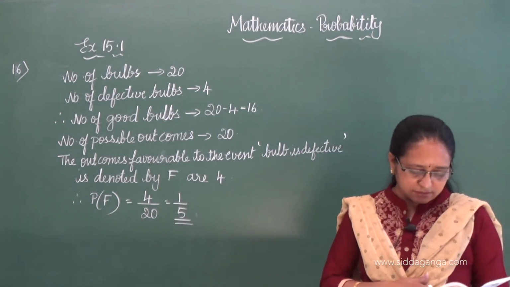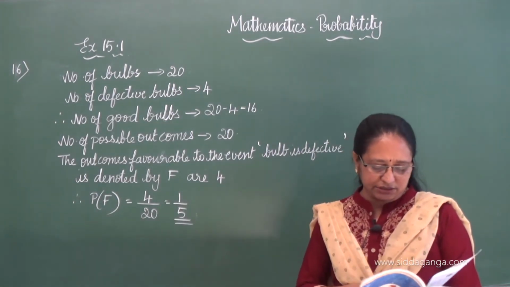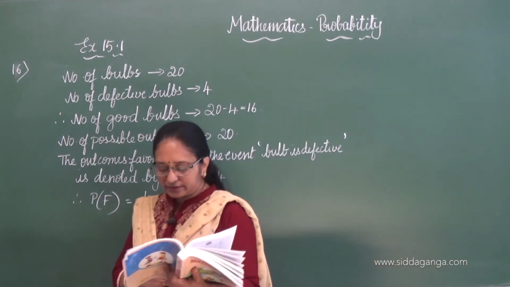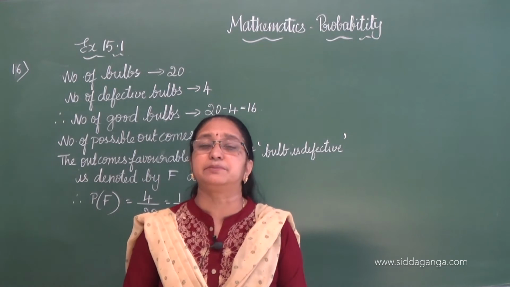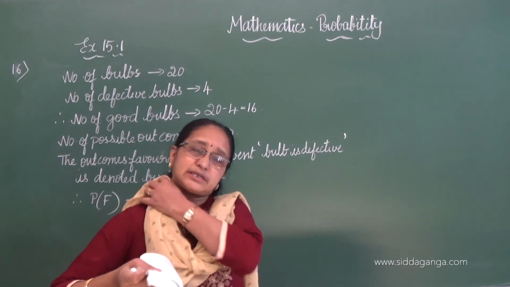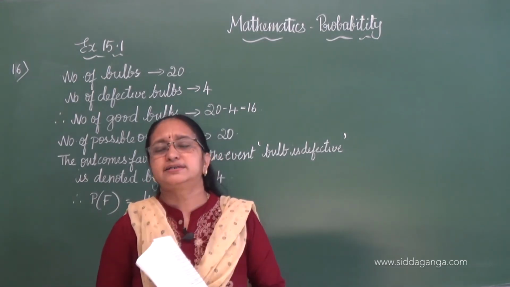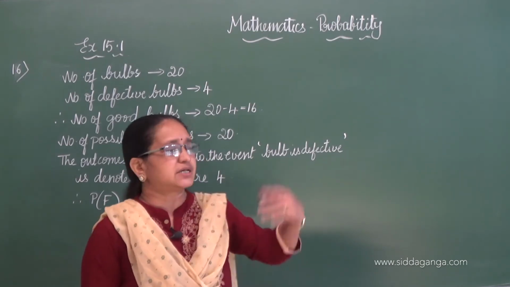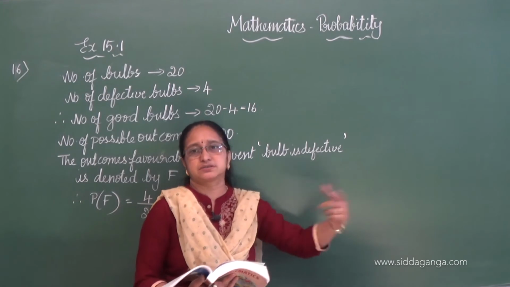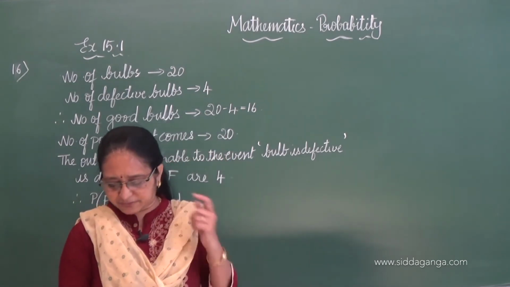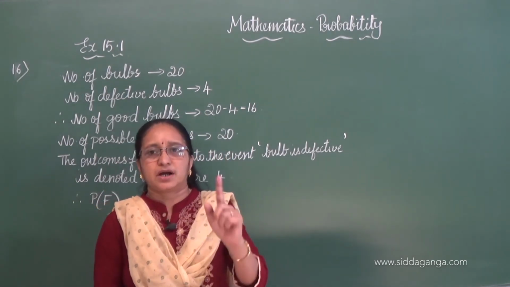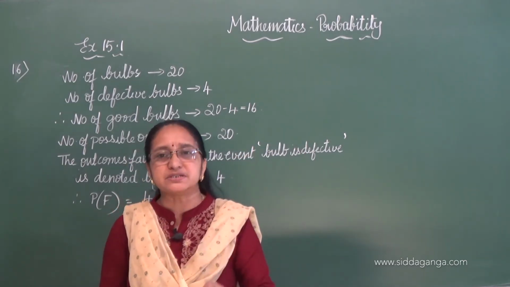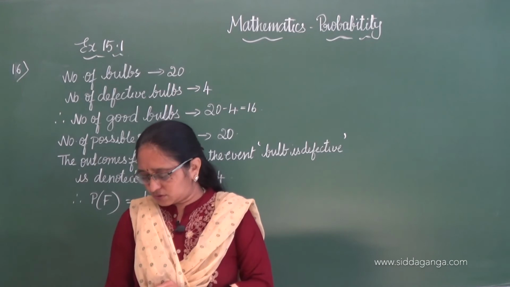Next question: suppose the bulb is drawn and it is not defective and it is not replaced, meaning it is kept aside, the same way as we did in the previous sum, the card problem.